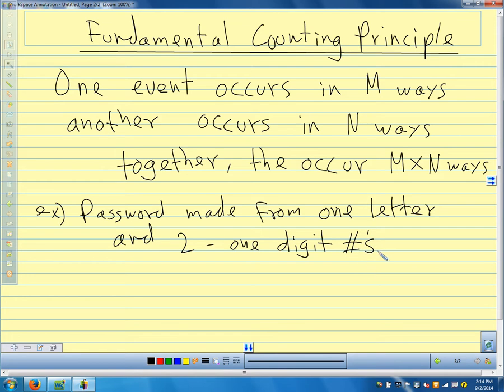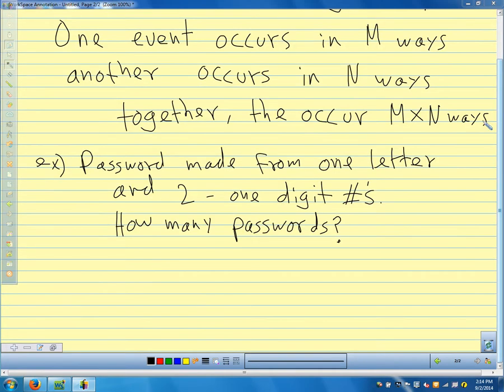How many passwords can we make? So we're just counting the ways that we can put all of these things together. I'm going to say like M86. So that would be one password.